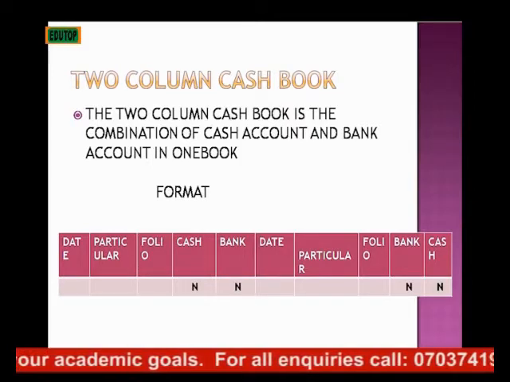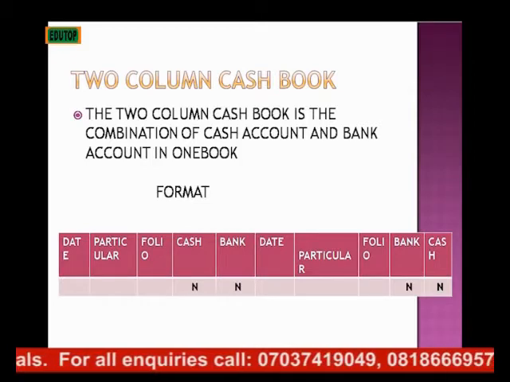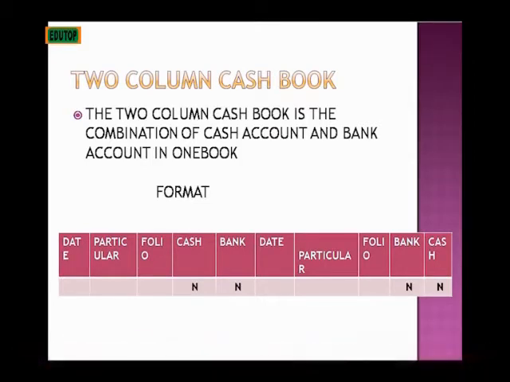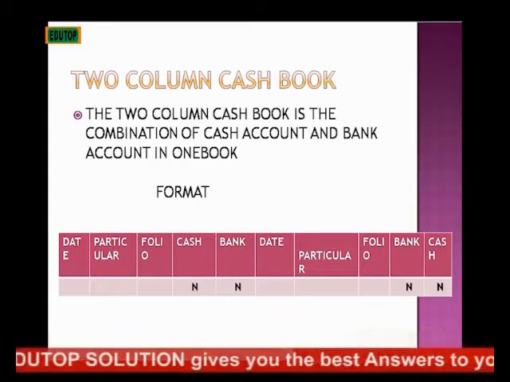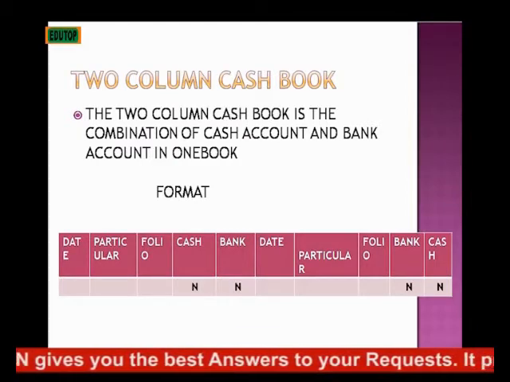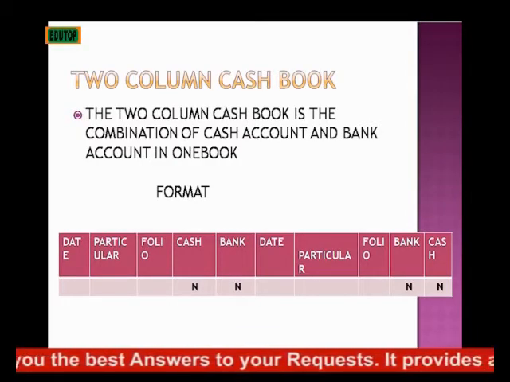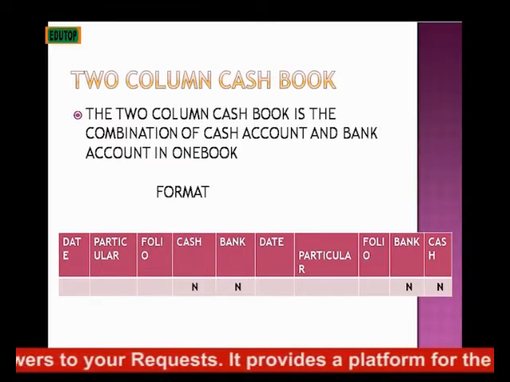Even just seeing the format, you could know that this is a two-column and this is a single-column cash book. Every money that comes in through cash will be put on the cash side, and when someone pays you with a cheque, it will be under bank.